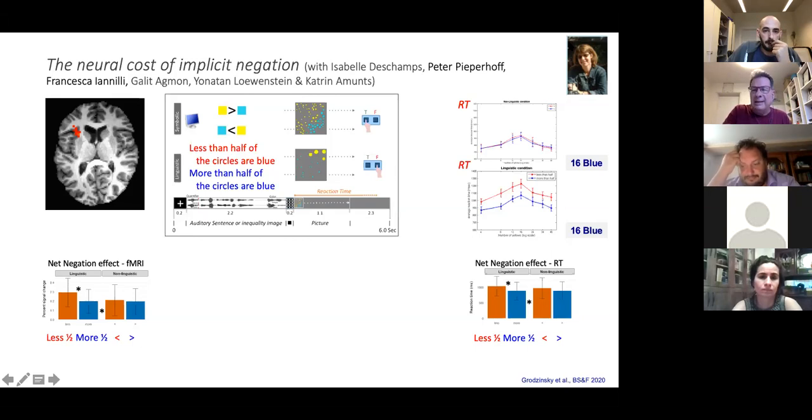And we, the same group with Katrin Amunds and Jonathan Levinstein and these guys, we have a paper there together. This paper looked at the comprehension of quantification, basically did this kind of experiment in Argentina. We had a very good group of collaborators there, headed by Virginia Haichenko, who's a local psycholinguist.